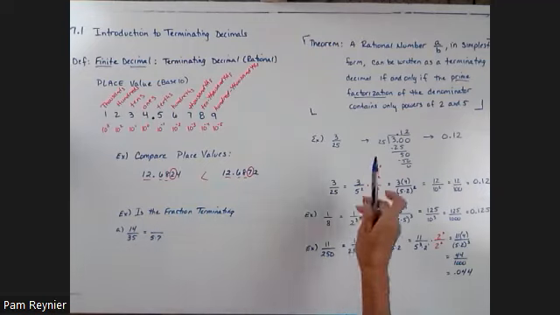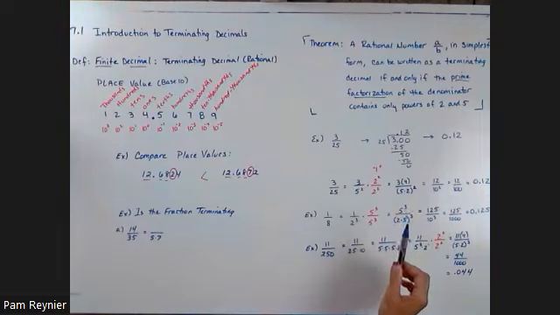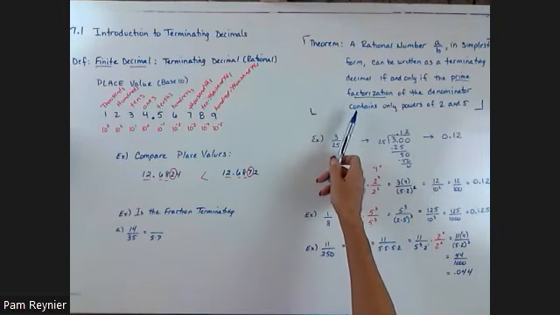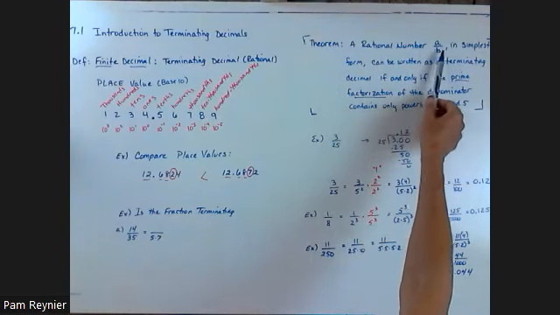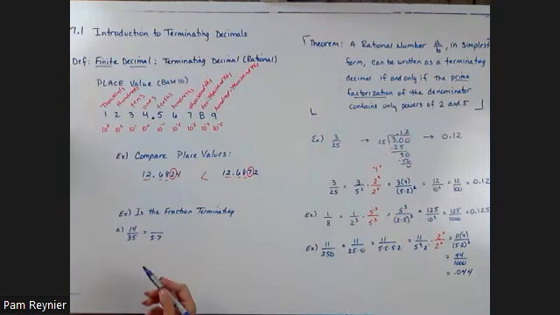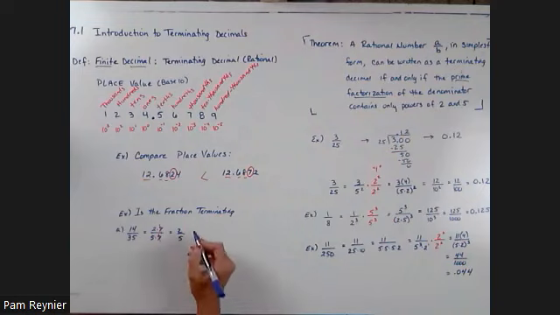Well, that's not only powers of 2 and 5. But look at the first part of the theorem: a rational number fraction in simplest form. Well, notice this is 2 times 7, so it wasn't in simplest form. If I first reduce it and make it in simplest form, now ask yourself, is the denominator only factors of powers of 2 and 5? The answer is yes. Therefore, it's terminating.